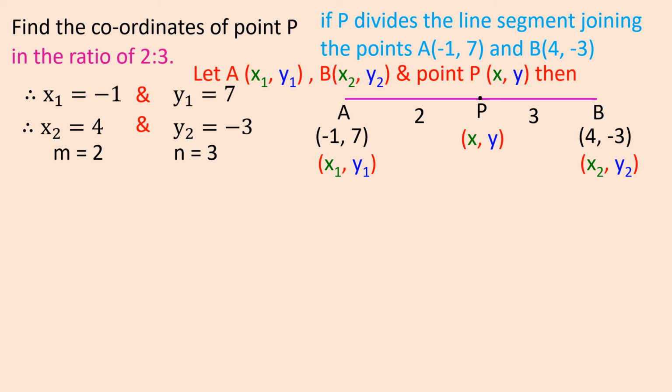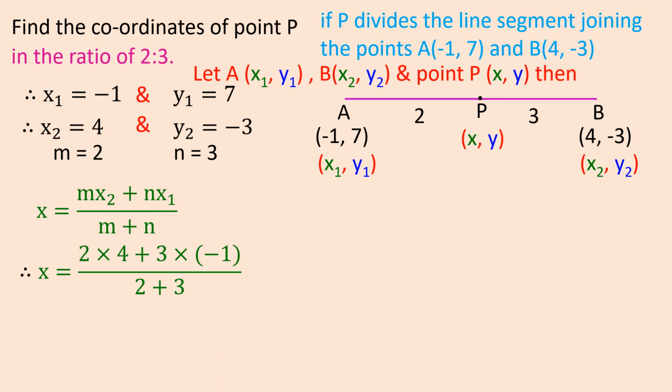m is nothing but AP and n is nothing but PB. Therefore, we will take the section formula x equals mx2 plus nx1 upon m plus n. We will substitute here. m value is 2. 2 into 4 plus 3 into -1 upon 2 plus 3.